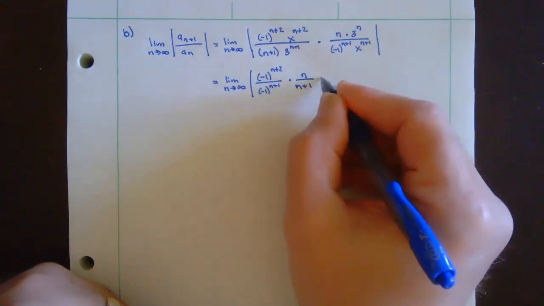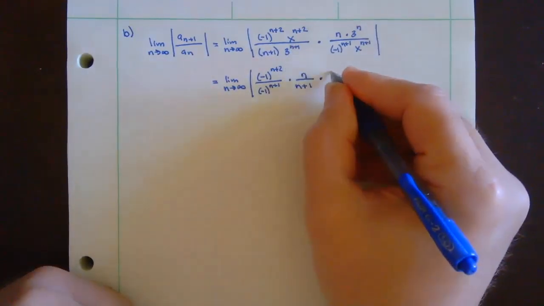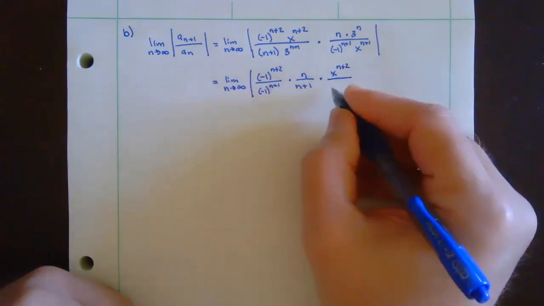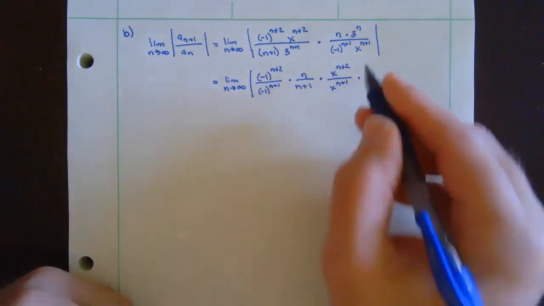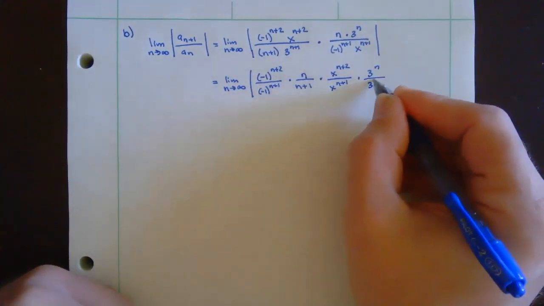I'm just grouping stuff that helps me to cancel stuff, okay? x to the n plus 2 over x to the n plus 1. And then times we have 3 to the n over 3 to the n plus 1.